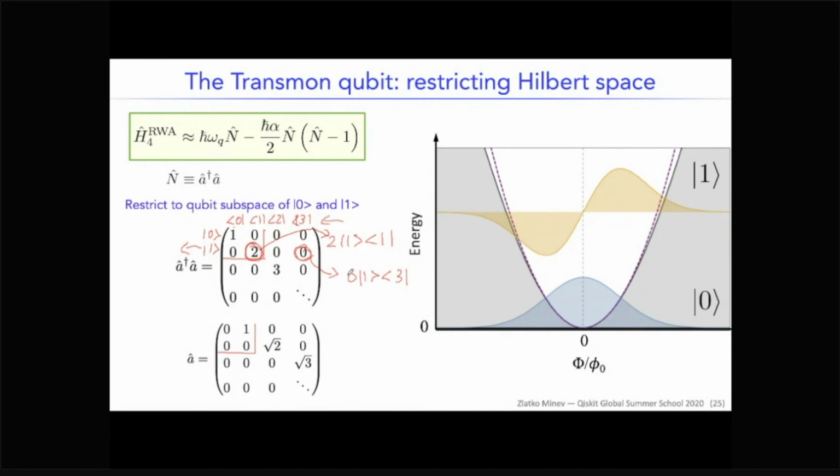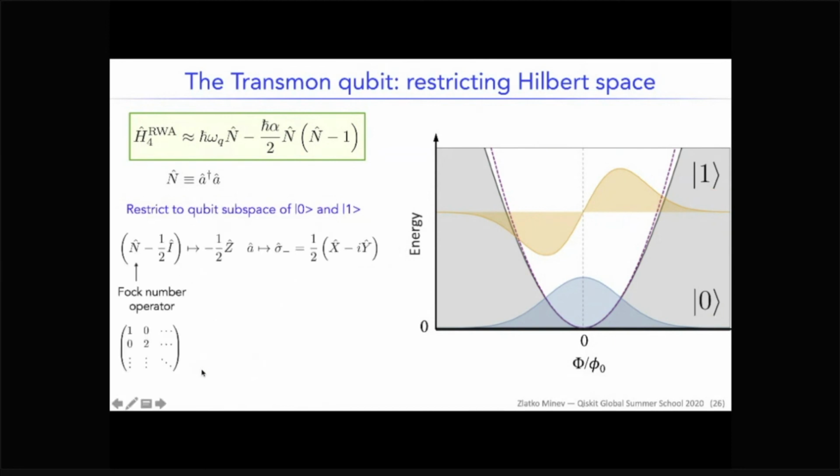And because of the anharmonicity, alpha, which is roughly 10% of the frequency, about an order of magnitude, we can restrict ourselves to just the lowest two states, 0 and 1, and therefore restrict all of our operators of the Hamiltonian, photon creation, the annihilation operator, to work just in the qubit subspace.